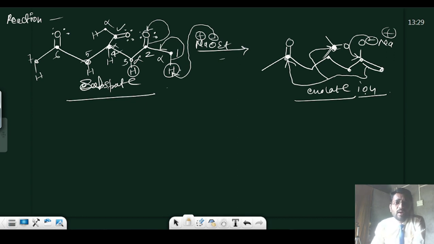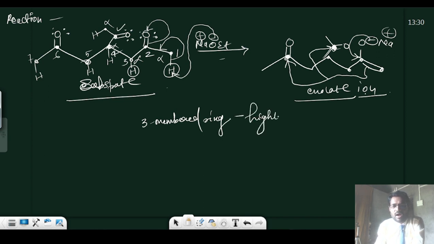Before that, if you abstract a proton from the other site, then counting first, second, third carbon, there is a possibility of a 3-membered ring, and a 3-membered ring is highly unstable.